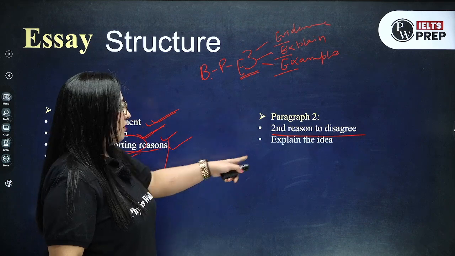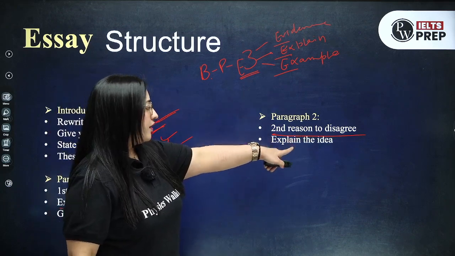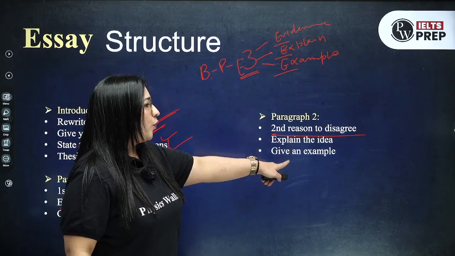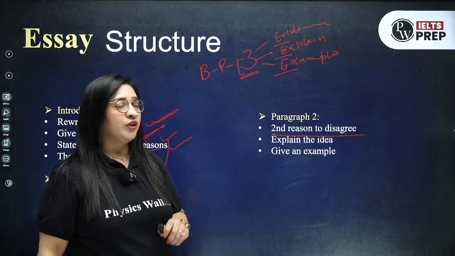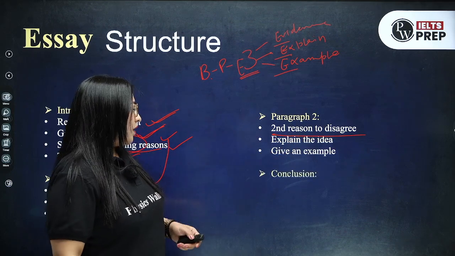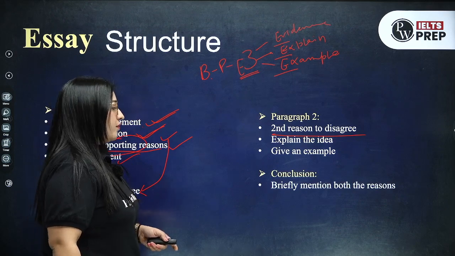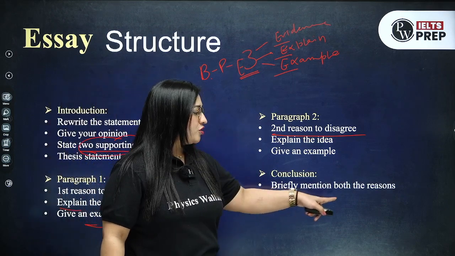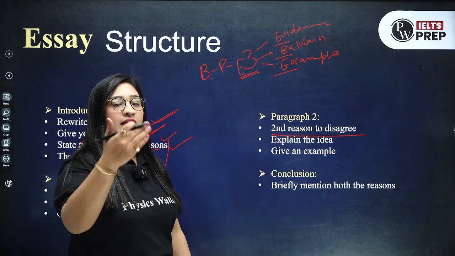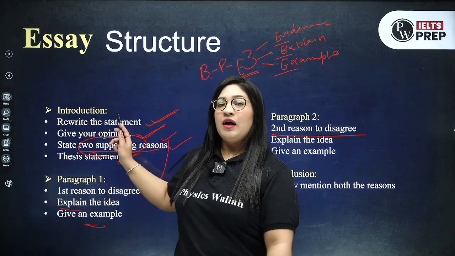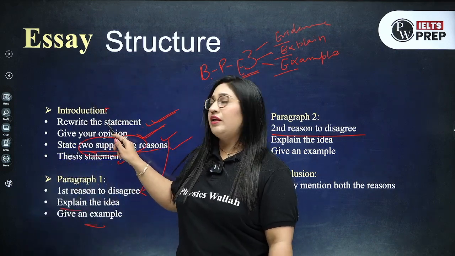Right? So again, the first E, evidence to disagree, which I'm going to explain with reason or with example. Now, conclusion, very important. Conclusion is to briefly mention both the reasons. तो देखो कितना connected हो गया आपका ऐसे. यहाँ पे क्या हुआ, आपने introduction लिखा, आप disagree करते हो, ठीक है?